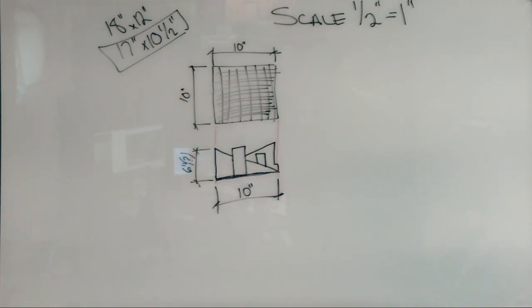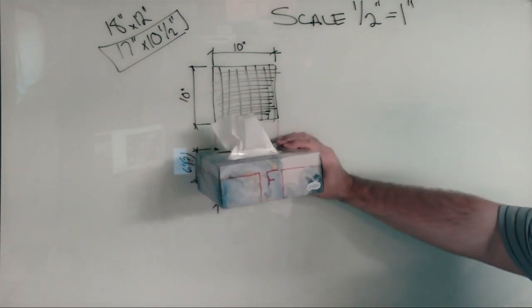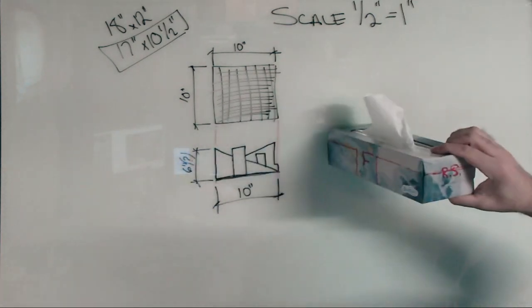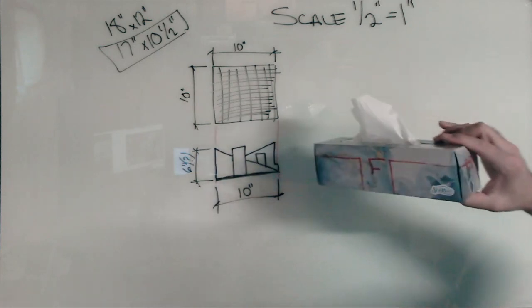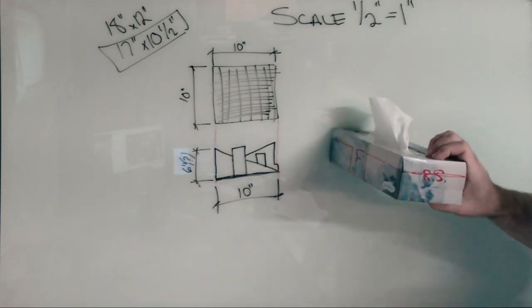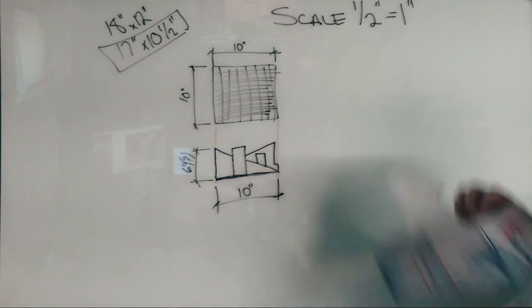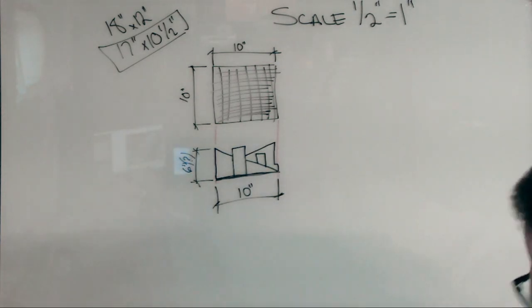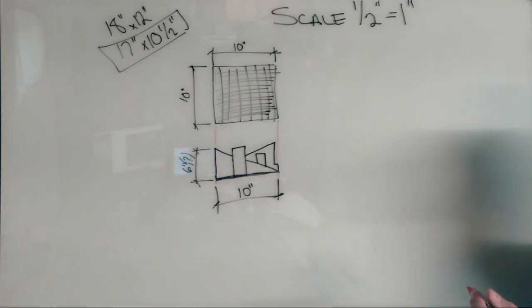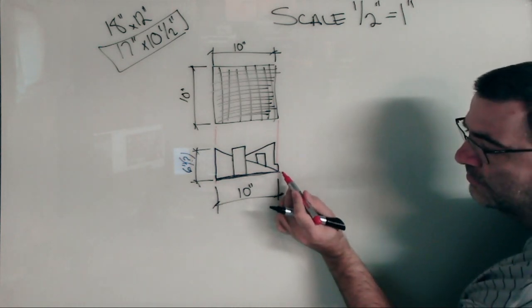All right. Now, if we come back to my tissue box again, we've got a front view, and now we roll it out to get a side view. Okay. So we're trying to now get to what that view is. And just like with every other drafting we do, we use projection lines.